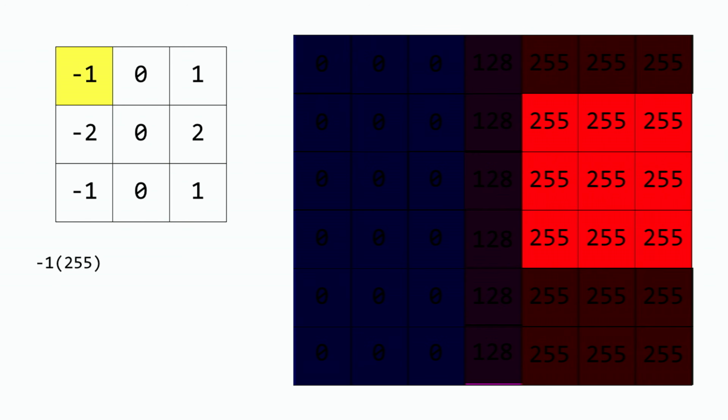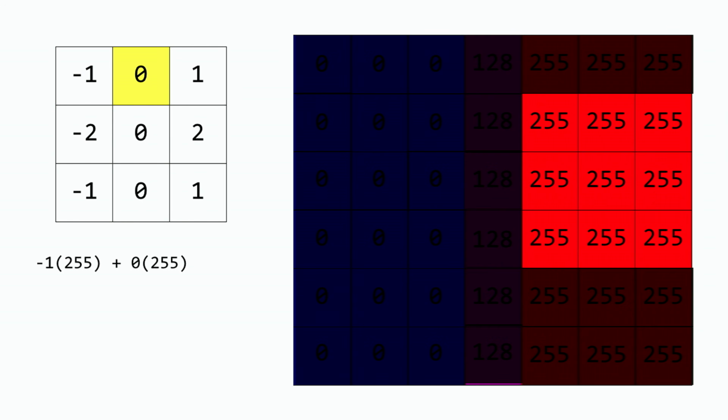It's -1, and so we're going to multiply -1 by the red value in the upper left of this 3x3 grid of pixels, in this case 255. Then we'll move on and say, all right, let's take the top pixel in this 3x3 grid.